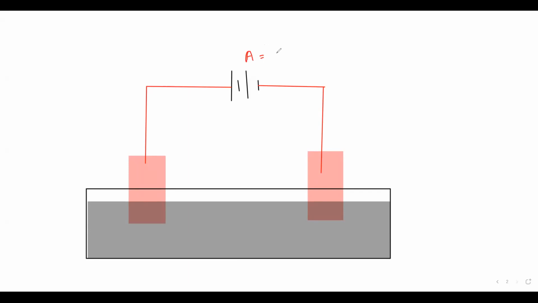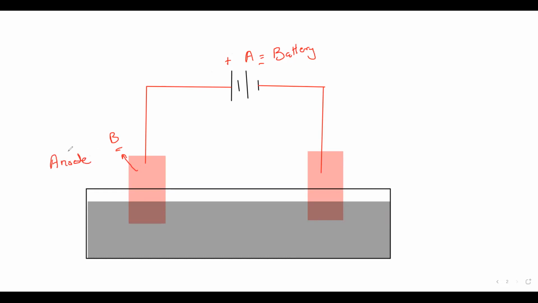What is A here? A battery. How do you identify it's a battery? Because when you are using only two lines, then it will be a cell. But if it is more than two lines, then it will be a battery. So label A is representing a battery. What about label B, which is connected with the positive terminal of the battery? Is this label B anode or cathode?